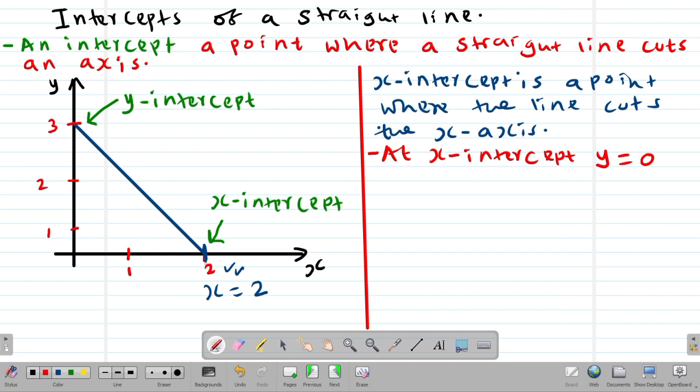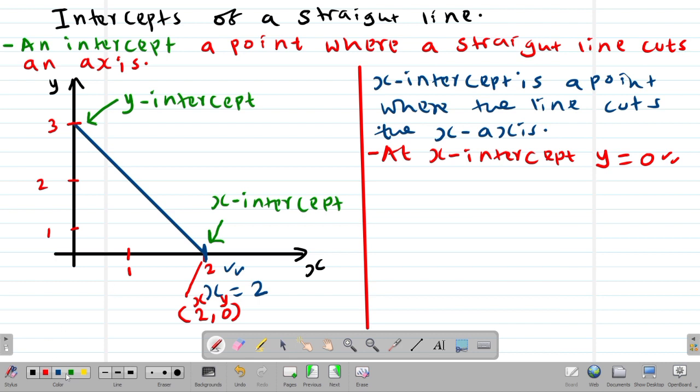For example, this point will be stated as (2, 0), so that the x coordinate is 2, whereas the y coordinate is 0. So at the x-intercept, the y coordinate will always be equal to 0. That's a very crucial point to note.